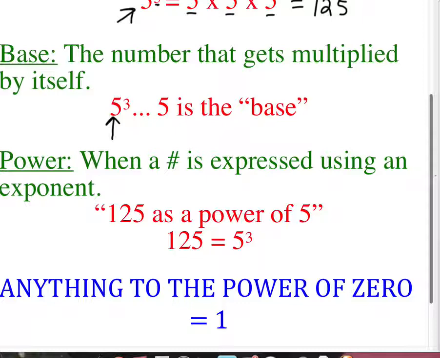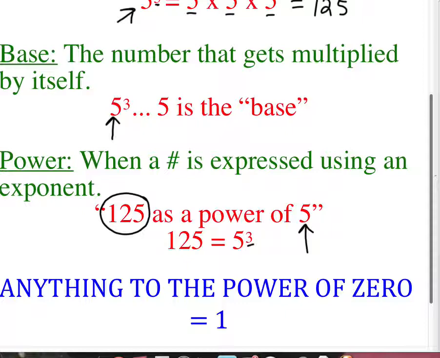So here down in red, kind of referring back to our 5 to the third power, 125 as a power of 5 means how can you get to 125 as an answer if your base number is 5? So how many 5s being multiplied together would it take to get up to 125? And the answer is 3.